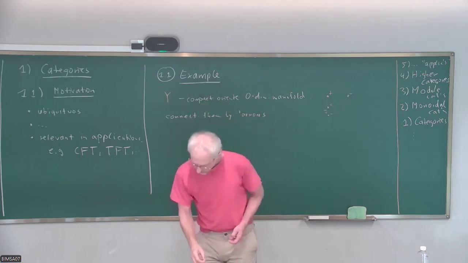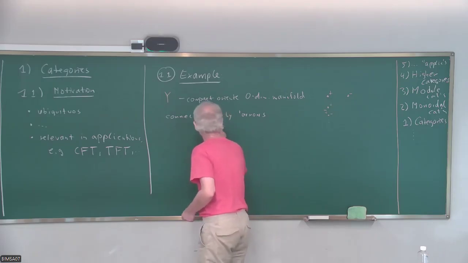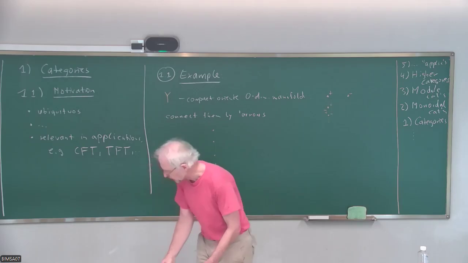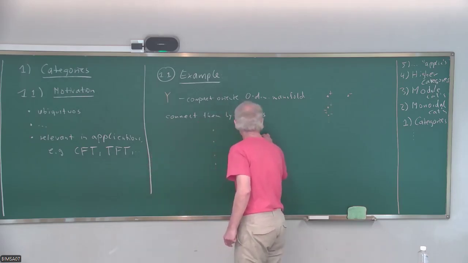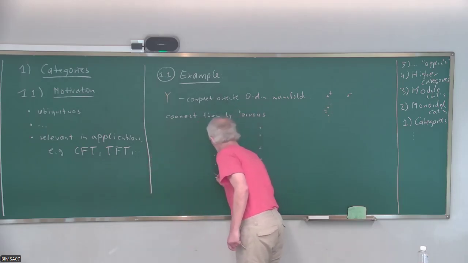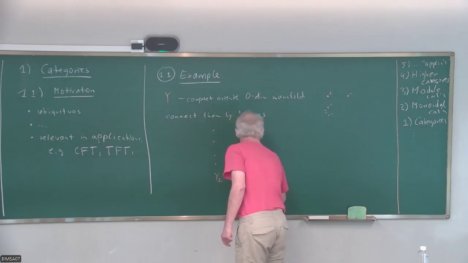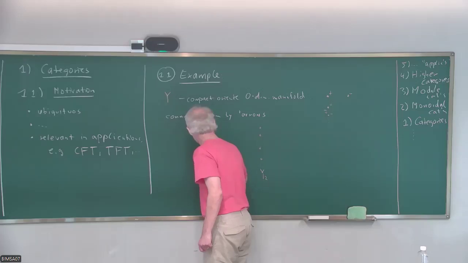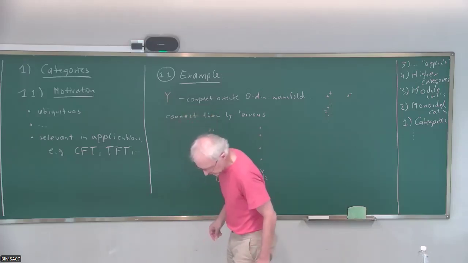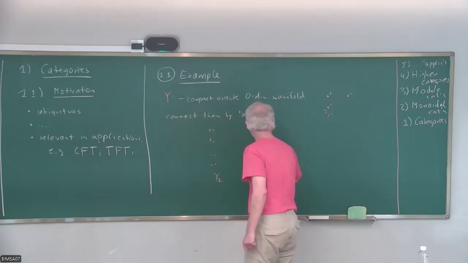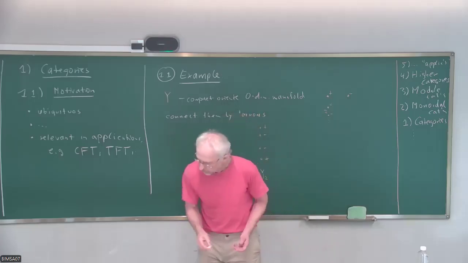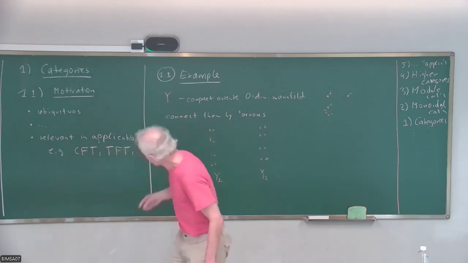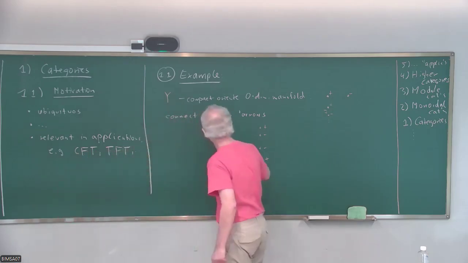So assume I have a collection of 4 points and another collection also of 4 points. So this would be y1, this y2, and let's take the orientation plus, plus, minus, minus, and here plus, minus, minus, plus. And now I draw a one manifold which has these individual points as endpoints.